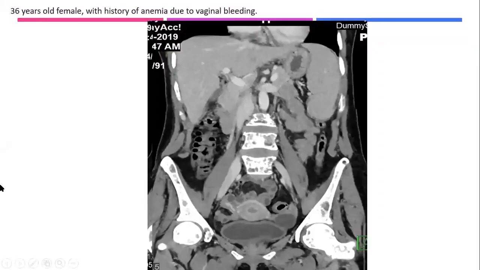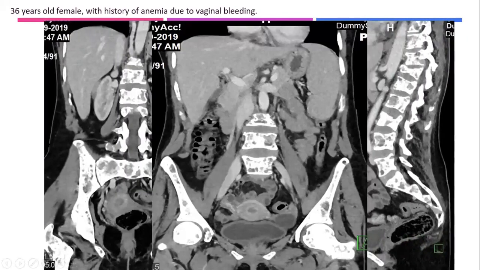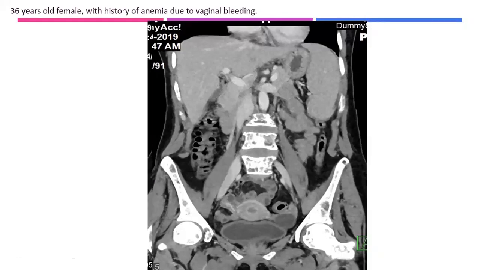This patient, she's 36 years old, having vaginal bleeding. They have done for her CT chest and abdomen, looking for the cause of vaginal bleeding. And this is the CT abdomen.